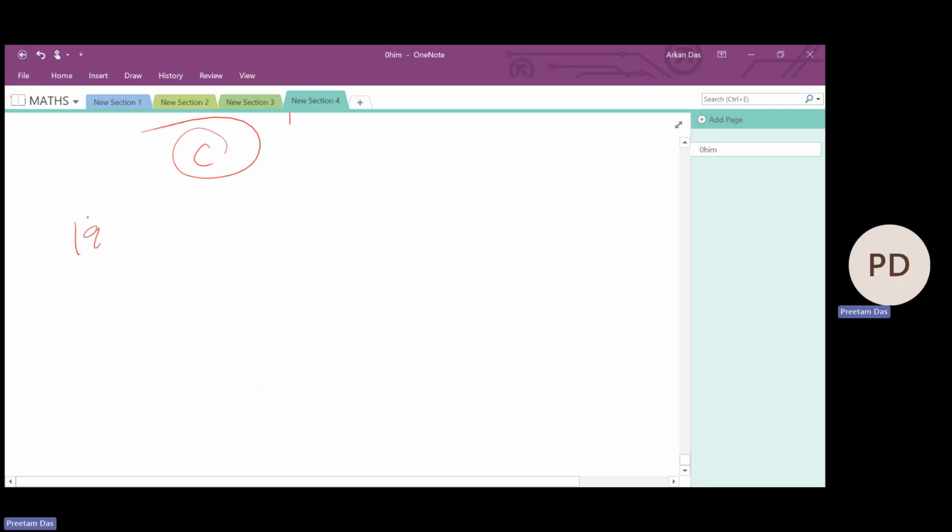19. This is not very difficult. It looks difficult, but it is not very difficult. So fx is equal to greatest integer of x and then sin pi x.